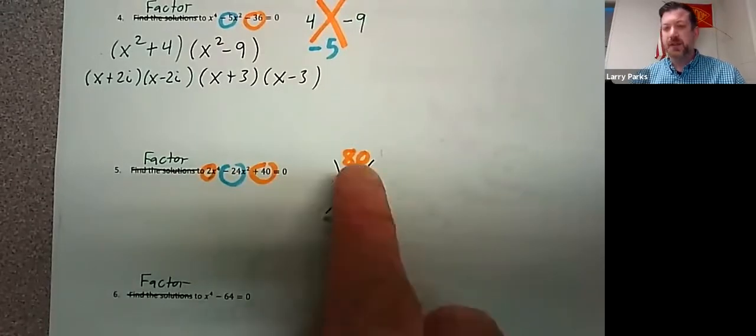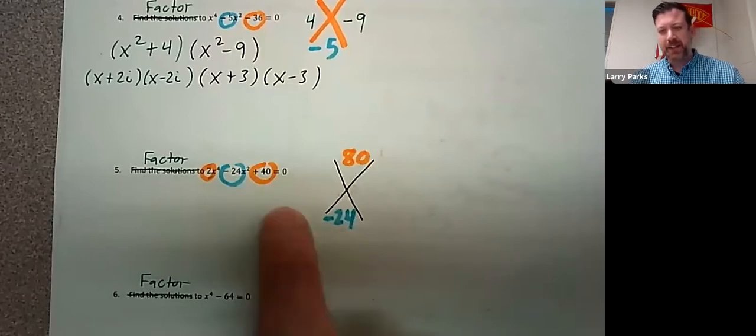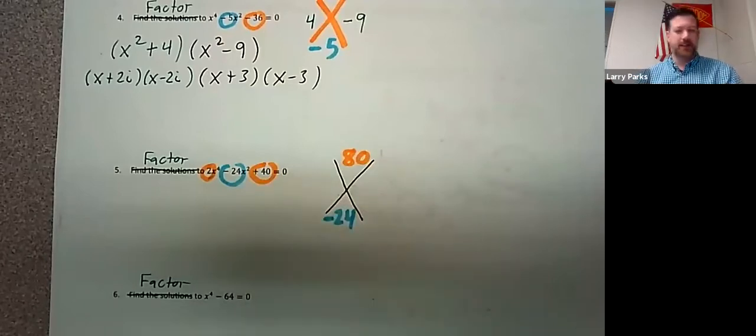To multiply to the positive but add to the negative, they're going to both be negative. And if someone wants to tell me what that combination would be, if you could figure it out before me, it'd be nice. You could chat it in the box.